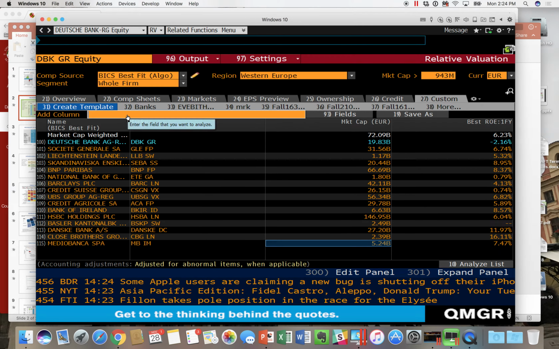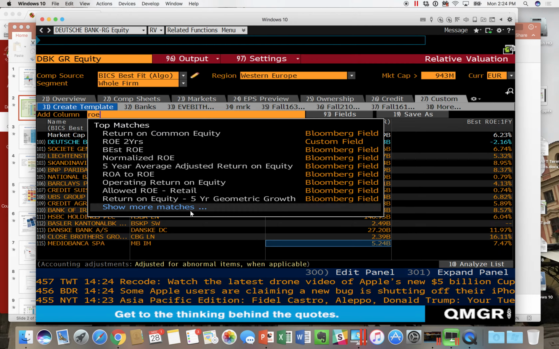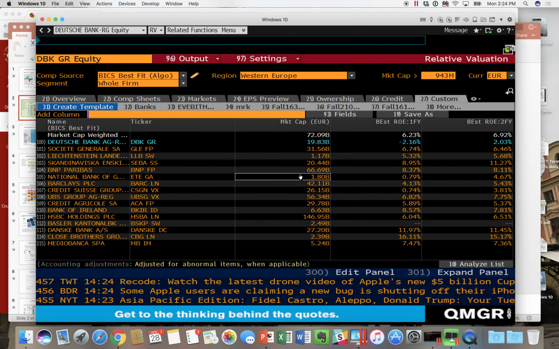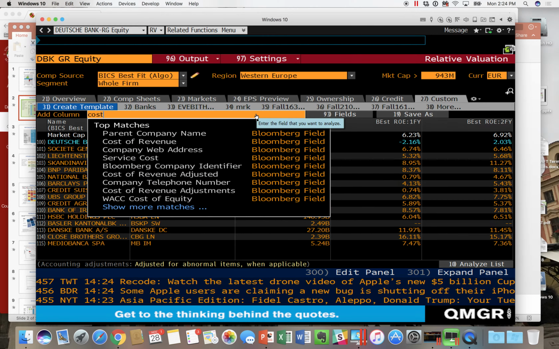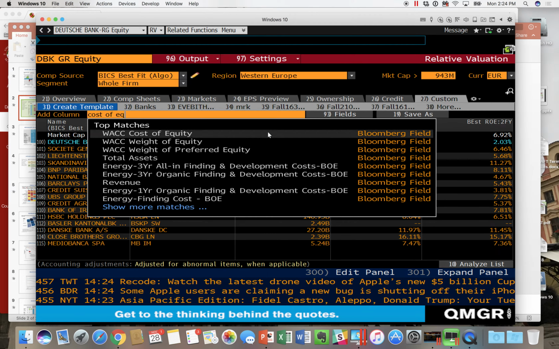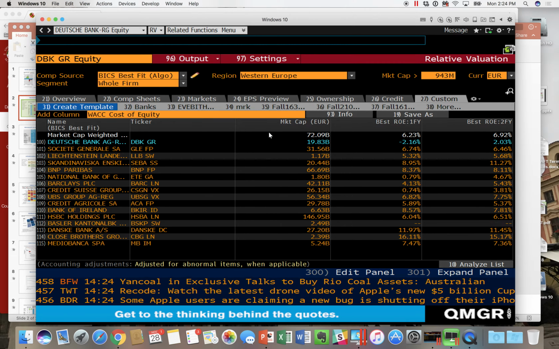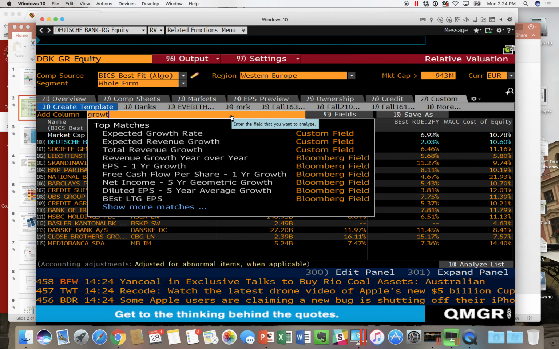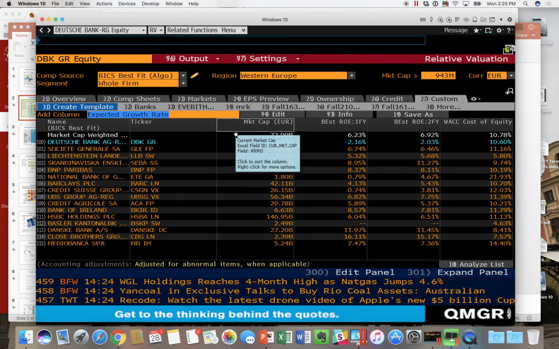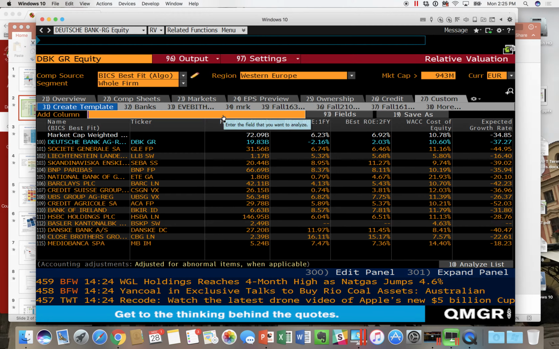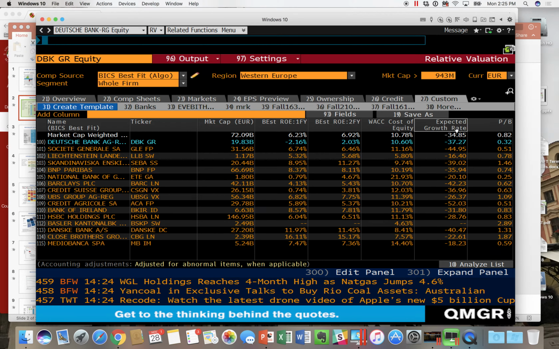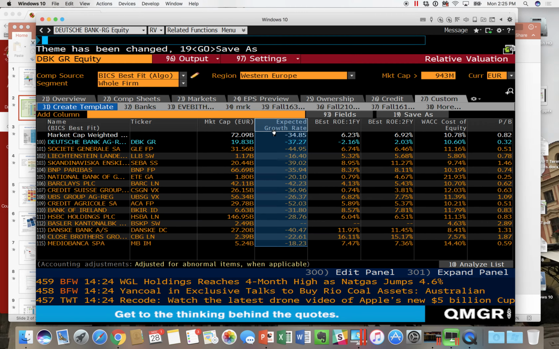For 2017, this is next year's ROE. This is the cost of equity. So we get a spread. And this is the expected growth rate, which we had done as a custom formula earlier this semester, the expected growth rate for next year's sales. And this is the price to book multiple, which is the long-term spread of the bank, current one. And I'm going to save this as a template.